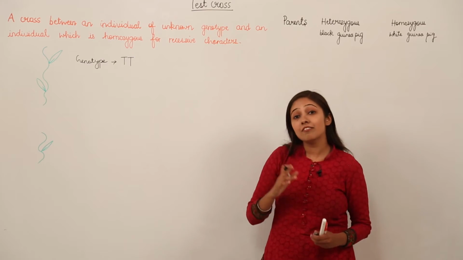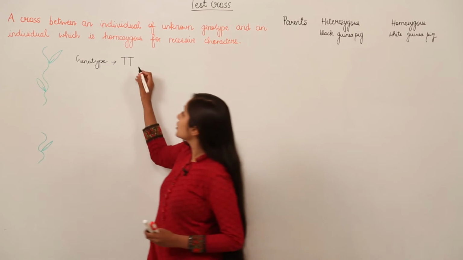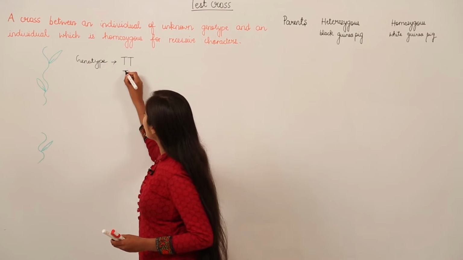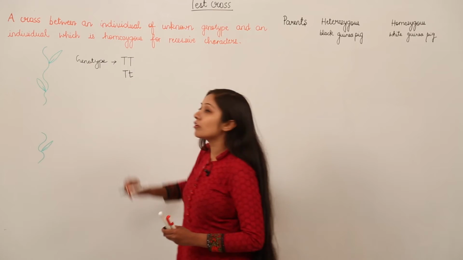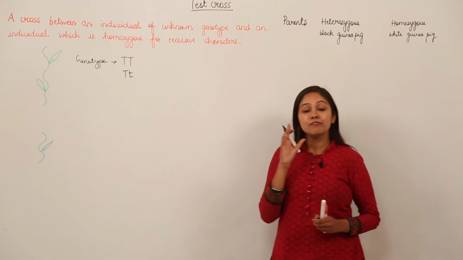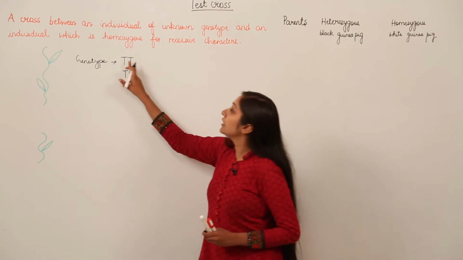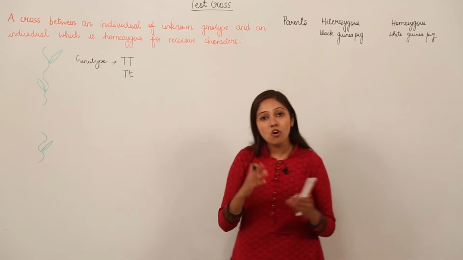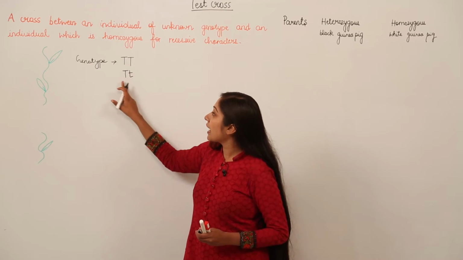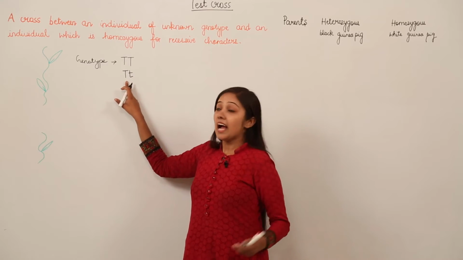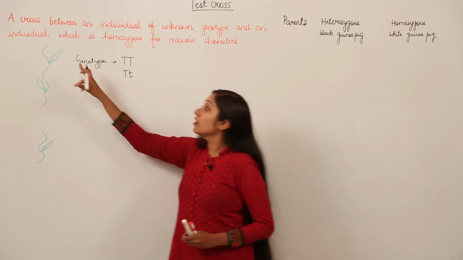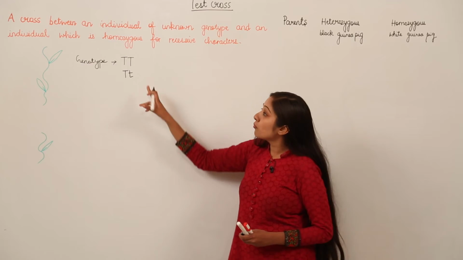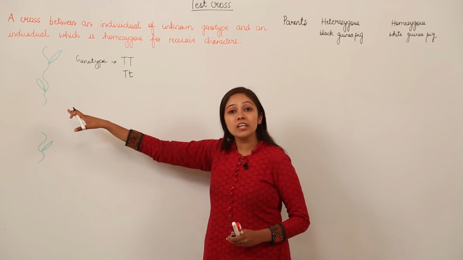But there is another way. If the genotype of the plant is an uppercase letter T with a lowercase letter t from the other parent, the phenotype of this pea plant is also going to be tall. So in both cases the plant is going to be tall.